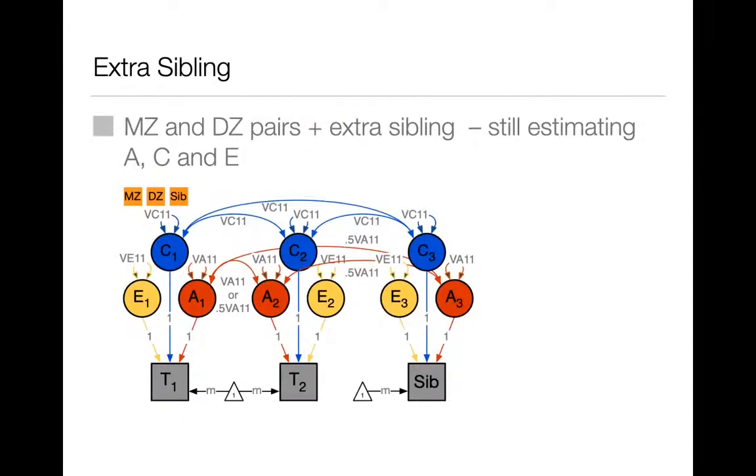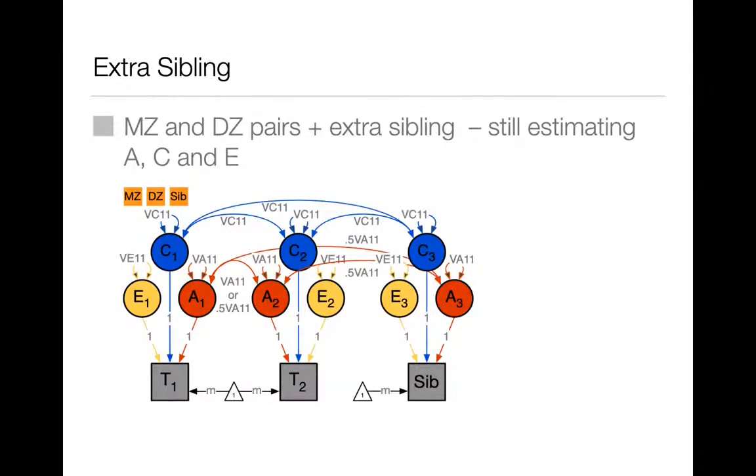Here is the representation in a path diagram of this model for both MZs and DZs, which only differ in their expectation of their genetic relatedness. And now we've added a sib and the appropriate genetic and environmental correlations with both twins.